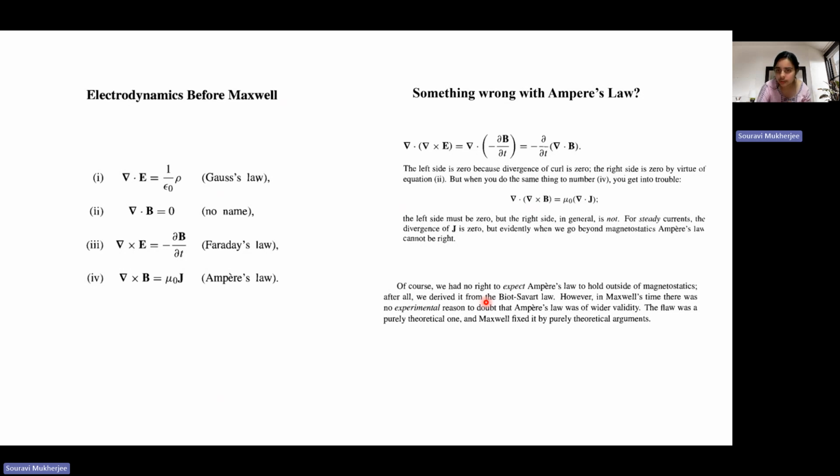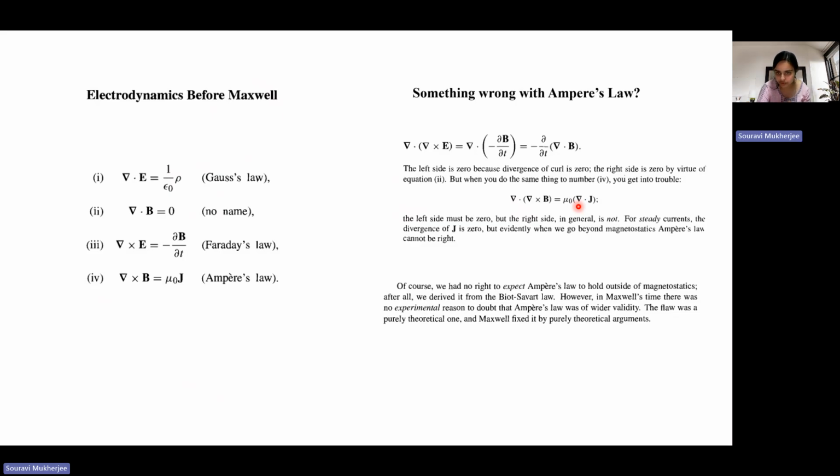Because the divergence of the curl of B should always go to 0, it's an identity. So that means something has to be added to this term here, which makes this go to 0, irrespective of whatever J you choose or whatever conditions, right?